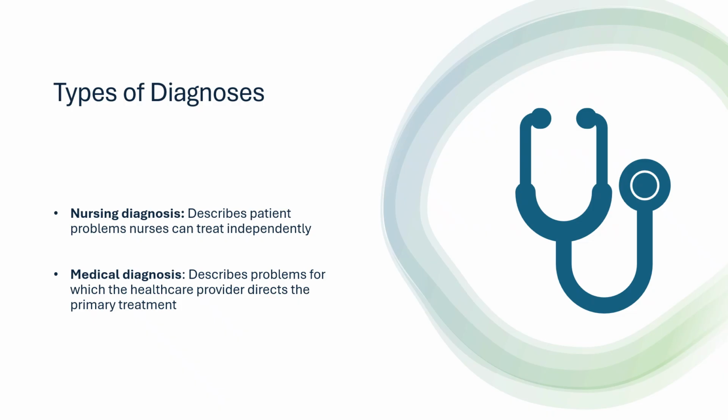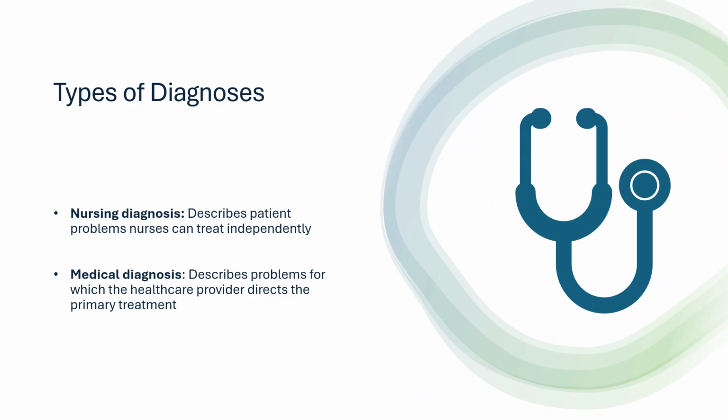Nursing diagnosis or analysis is now recognized as an essential part of the nursing process, but it wasn't always that way. Early confusion with medical diagnosis caused controversy, but today the distinction is clear and critical.